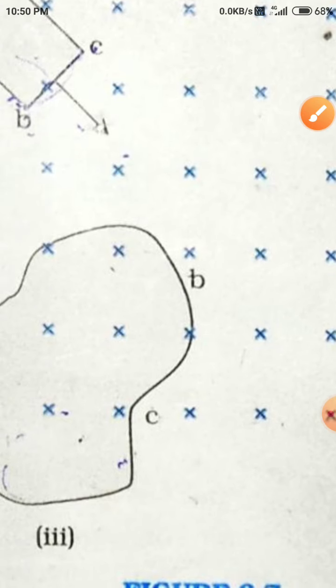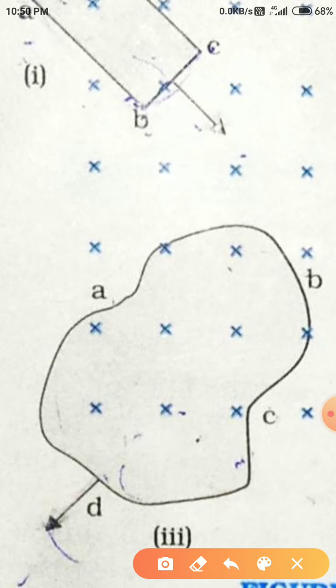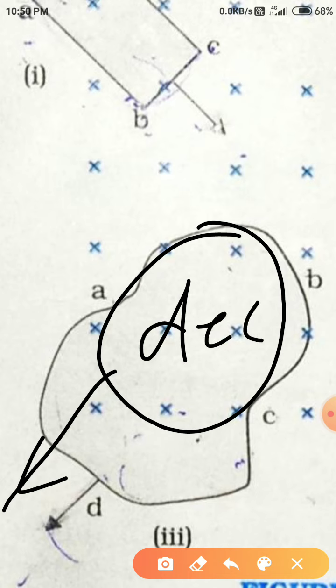Now again come to the third question. Here it is moved away from the magnetic field, so the area of the coil inside the magnetic field will decrease. This decreases the magnetic flux.